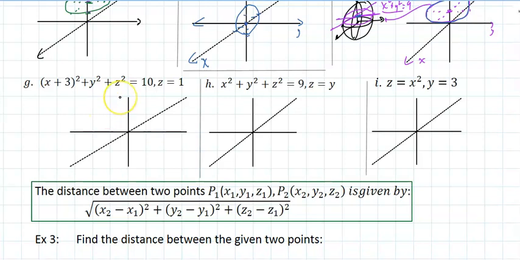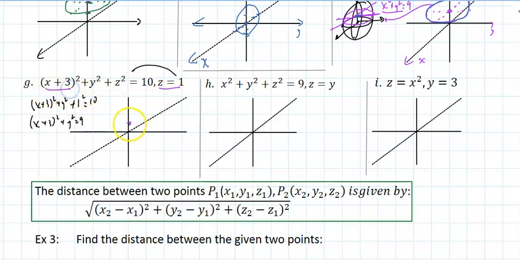Well, this is identical to what we just did. If you really throw the 1 in, you're looking at x plus 3 squared plus y squared plus 1 squared equal 10. It's really x plus 3 squared plus y squared equal 9. So I'm fixing z to be at 1, and I'm fixing x to be at negative 3.